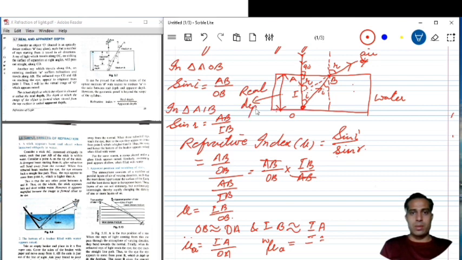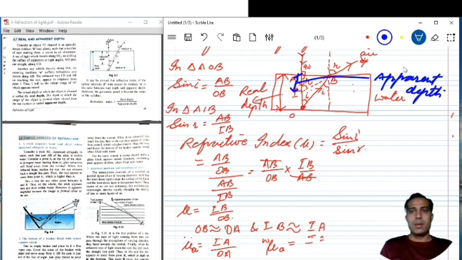And this distance IA is known as the apparent depth.